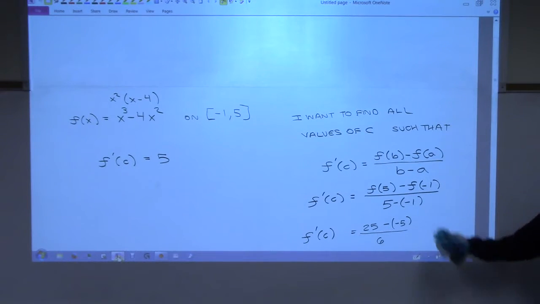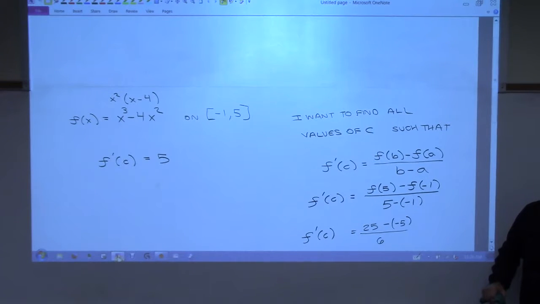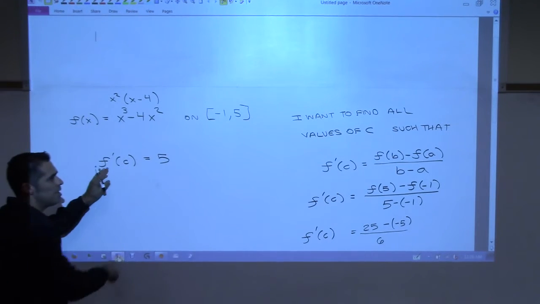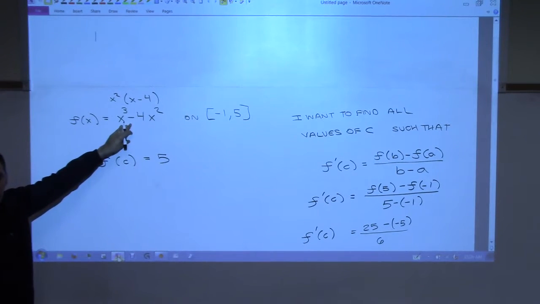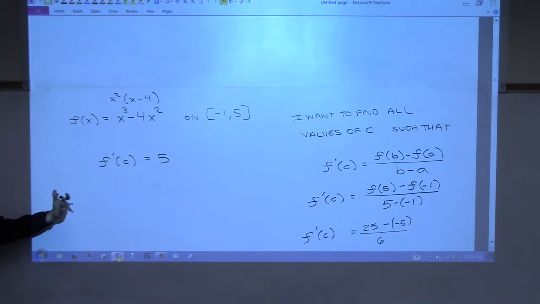I want to figure out what values of c would make that equation true. Now, what is the derivative at c? In other words, take the function, take its derivative, and replace all the x's with c's. So what's the derivative of this? 3x squared minus 8x. Now replace all the x's with c's.